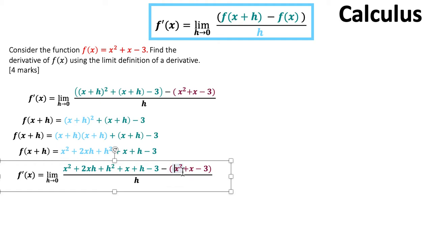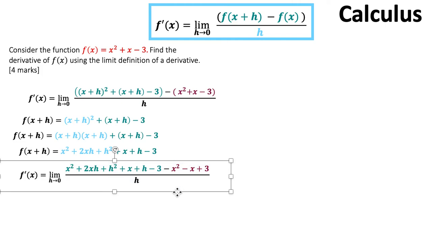So for this one, x squared would just turn into minus x squared. The plus x would turn into negative x. And our negative 3 will turn into positive 3. So this is just a way to get rid of our brackets when we have a negative. Make sure you apply the negative on all of them, because otherwise you might start losing signs.